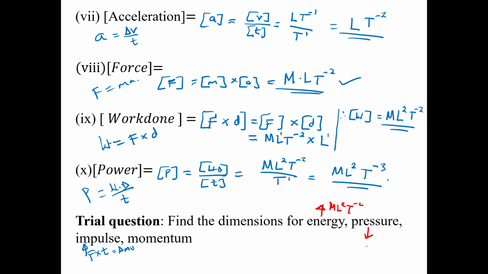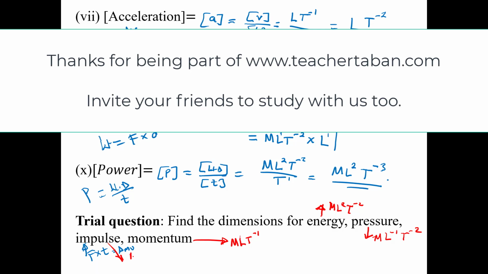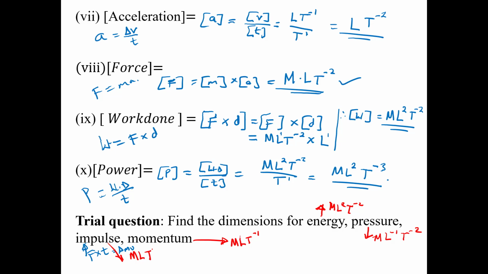Pressure is force over area, ML^-1T^-2. Momentum is mass times velocity, so we have MLT^-1. And then impulse is force times time, which is the same as MLT^-1 as the answer.